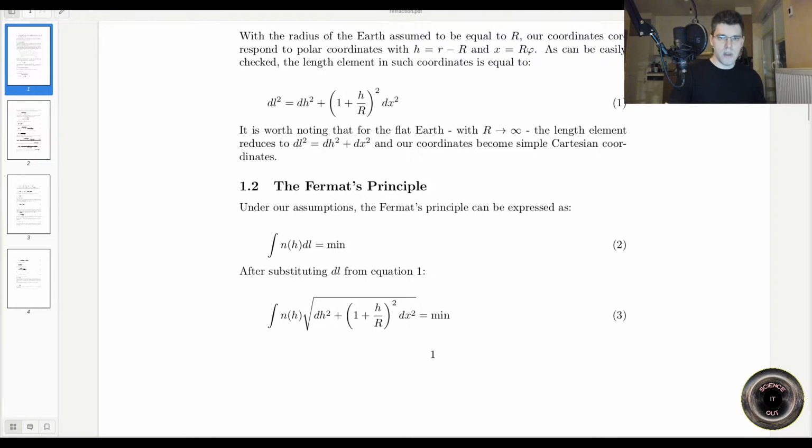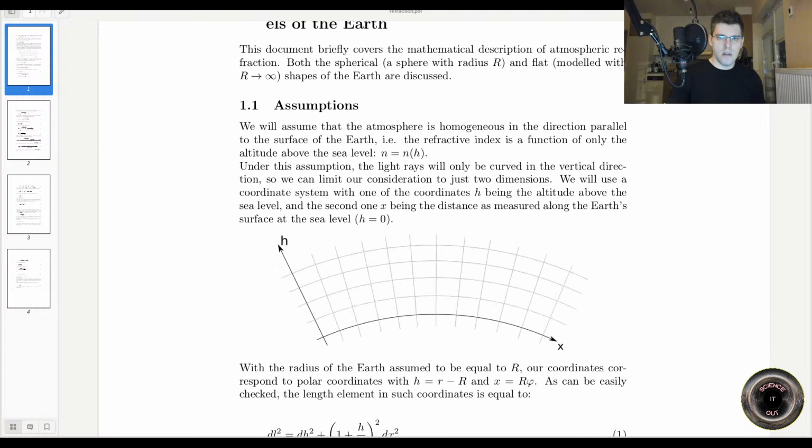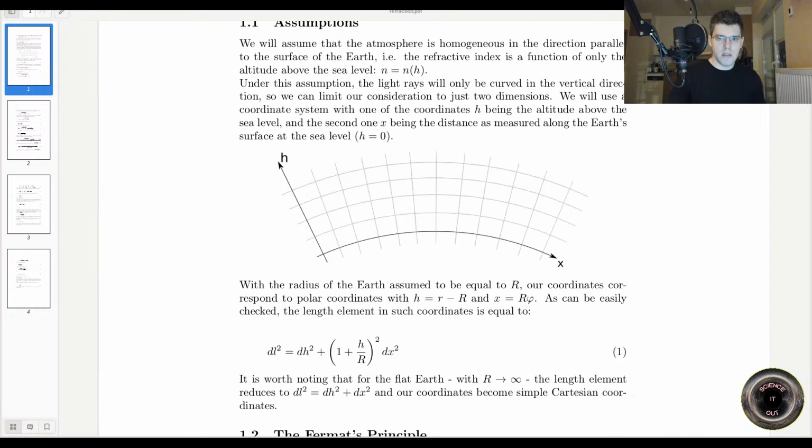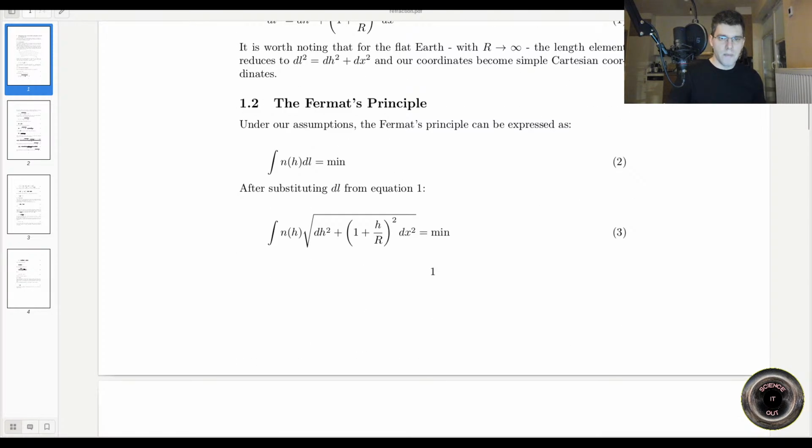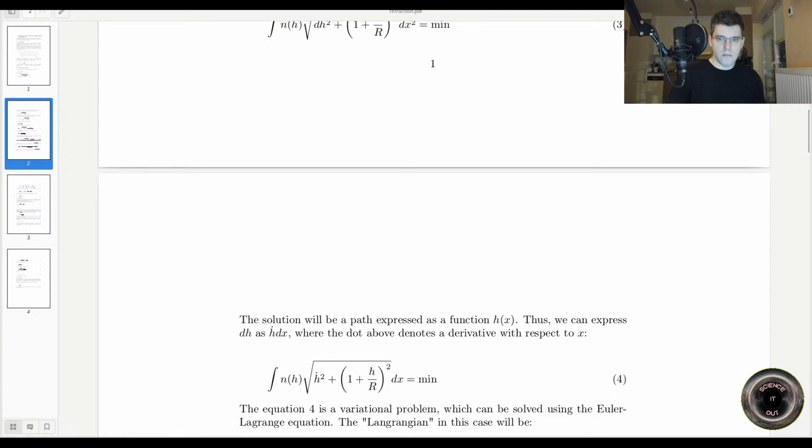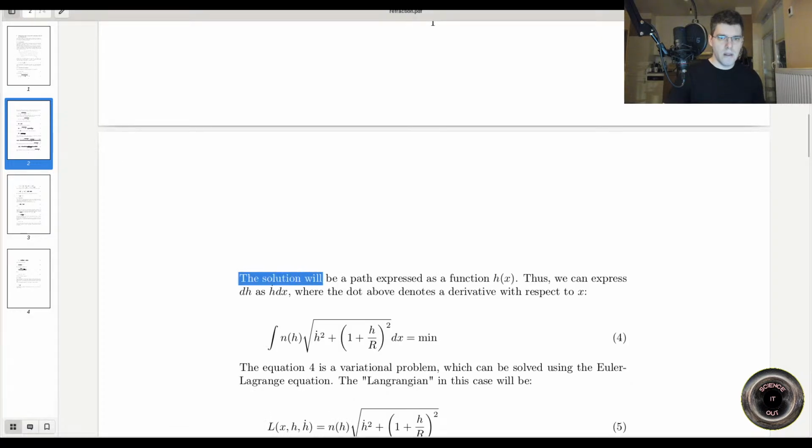Here I start substituting stuff. First, we need to substitute this dl for something that depends on our variables. The solution will be a path expressed as a function h of x.